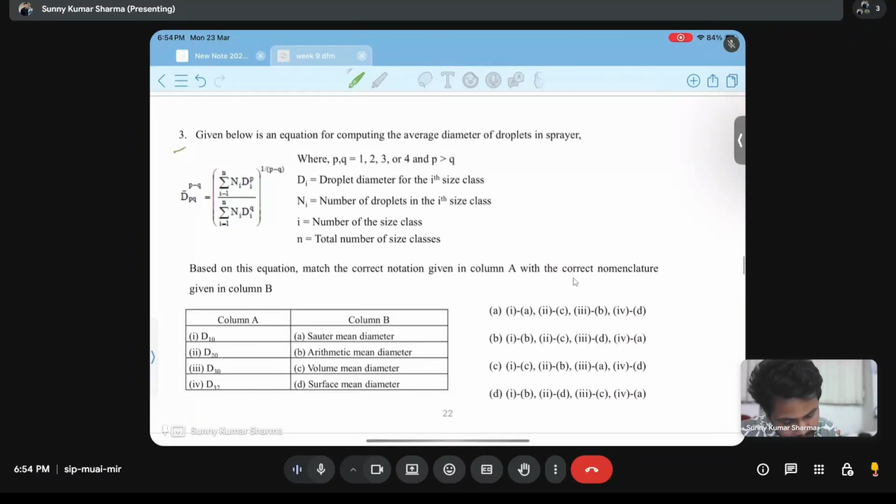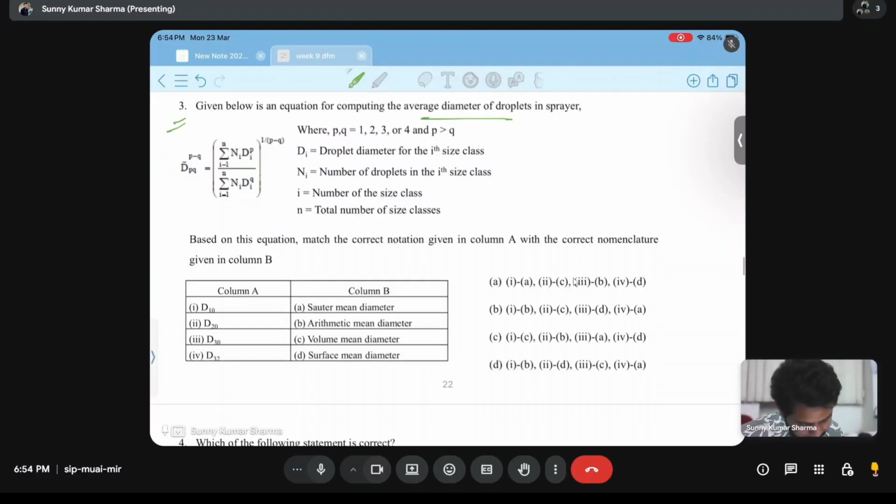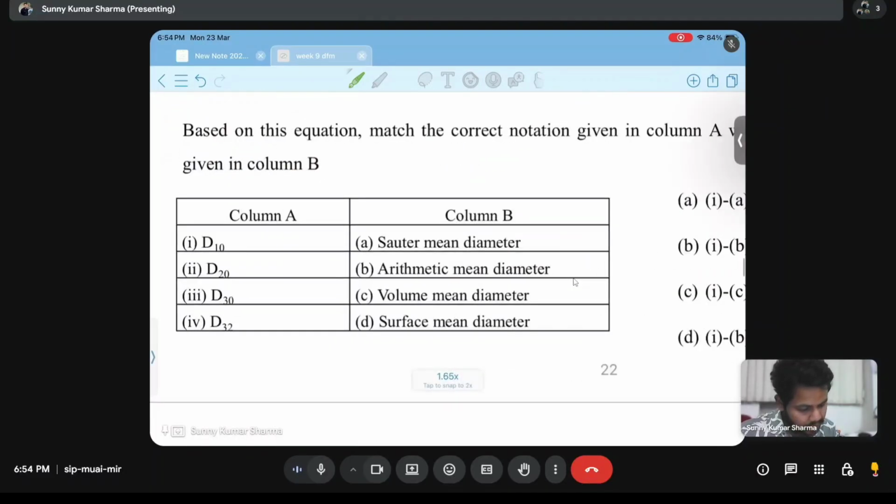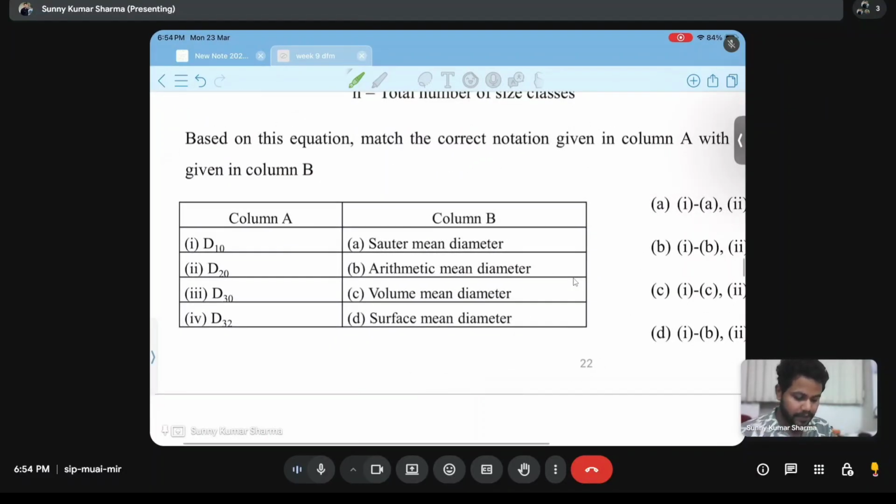So the next question related to week 9: given below is an equation for computing the average diameter of drop pattern spread. You have to match this thing with which diameter it is called.